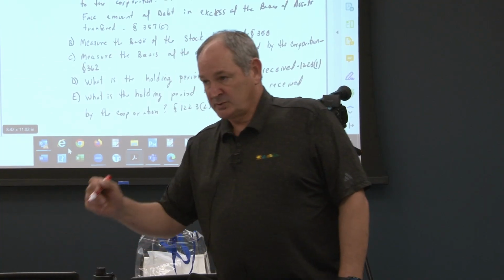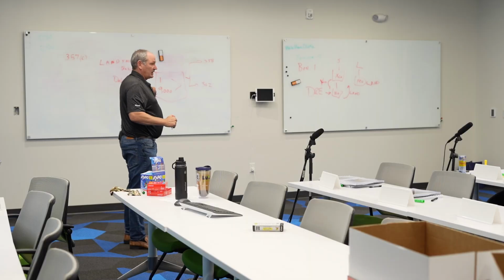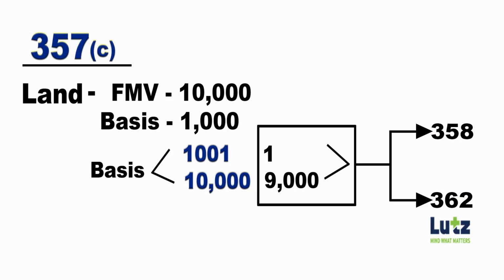So we start at 351 to what, Trent? Diagnose taxable or not. Then we stop at 357C. Why, Jack? Debt in excess of basis. But why do we stop there next? To see if there's a gain. Because when we drill down into the formula for 358 and 362, part of that formula for both those sections is, was there a gain under 357C?